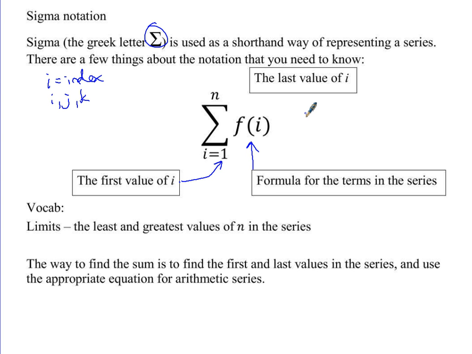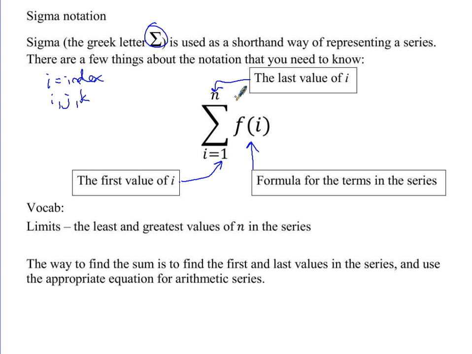Then you would plug in whatever number I is into that function and perform whatever operations it's telling you to do and get a number as your answer. The last value of I is that number right there. It's called n. In our series equations, we'd have a sub 1 being our first term, there's your a sub 1, and then we'd have a sub n being our last term, there's your a sub n.